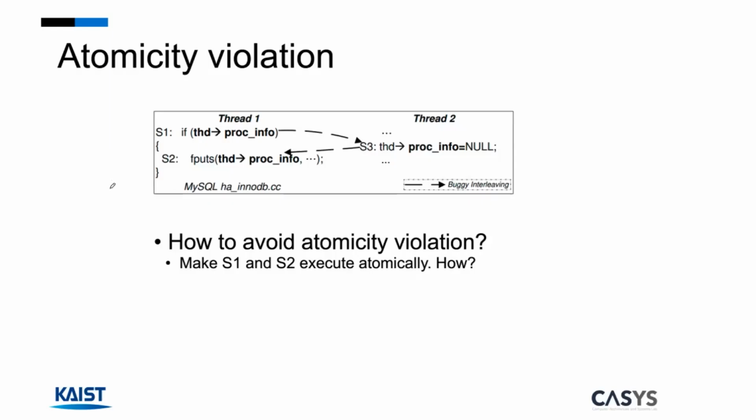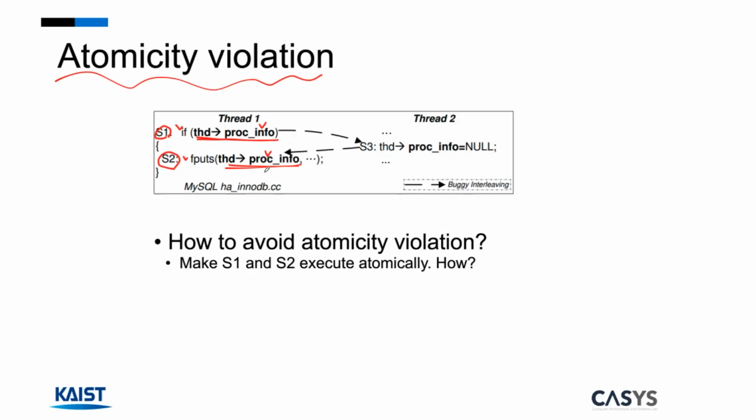Let's take a look at the patterns. The first one is atomicity violation. Atomicity violation is when there are two statements accessing shared state. Thread 1 reads proc_info in these two statements. The correct semantics is that when proc_info is not null, you can then access proc_info, so this value and this value have to be identical.